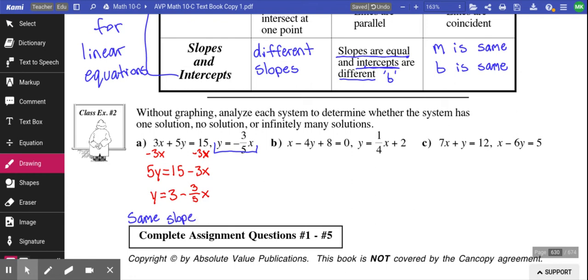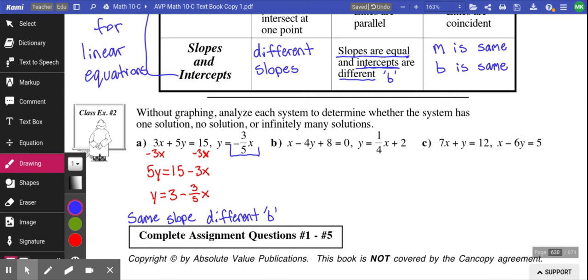Both have a slope value of negative 3 over 5. Right? Same slope. But they have different y-intercepts, or the b value. This one has a y-intercept of 3. This one has an invisible plus 0. If I have the same slope but different b values, that means I have parallel lines. That means there would be no solution to this question.